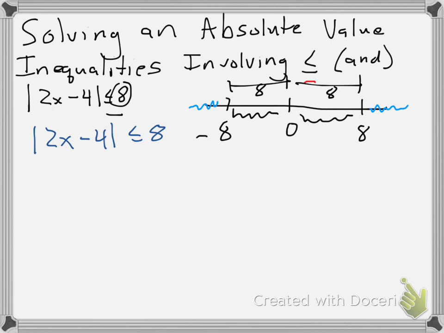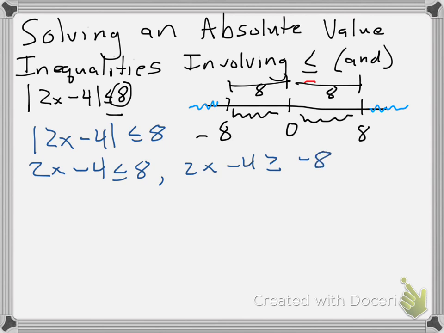In order to do that, we can rewrite this two ways. You can rewrite it as two inequalities: 2x minus 4 is less than or equal to 8, which is our original one, or 2x minus 4 is greater than or equal to negative 8.